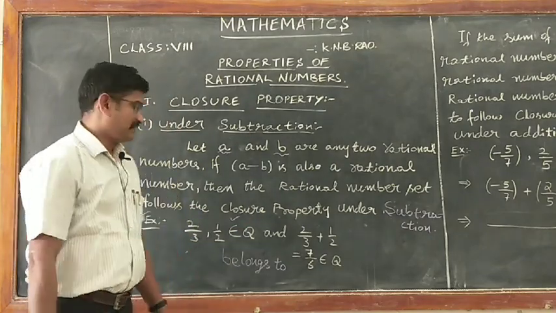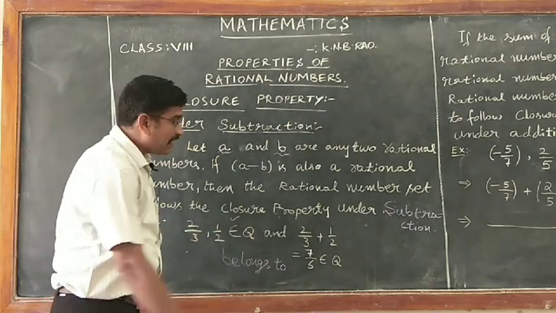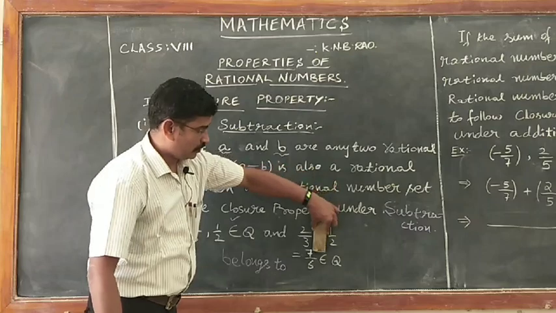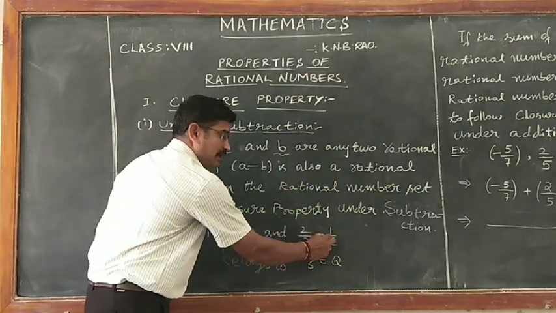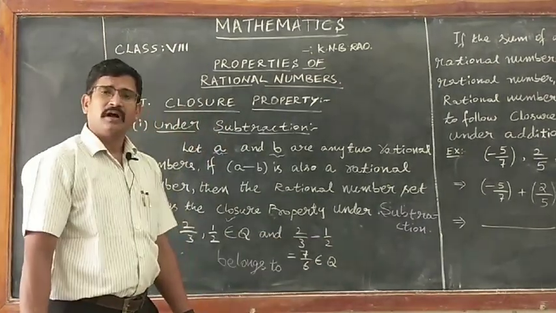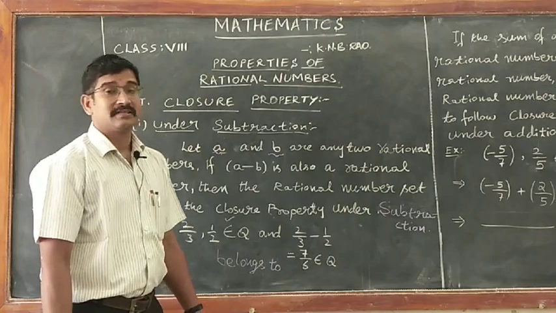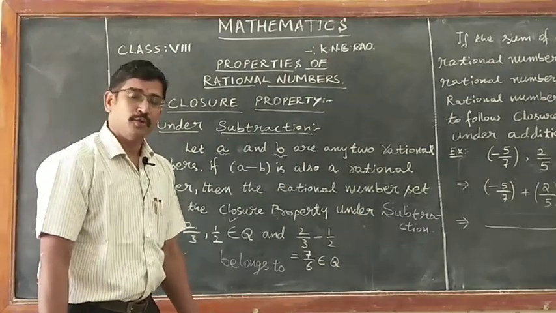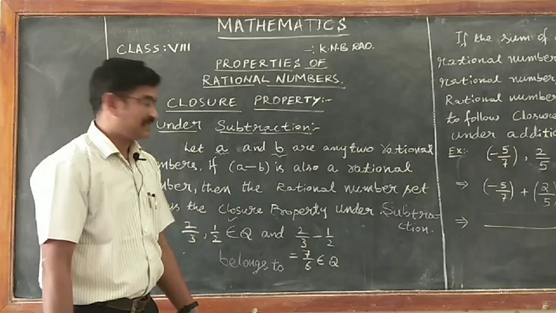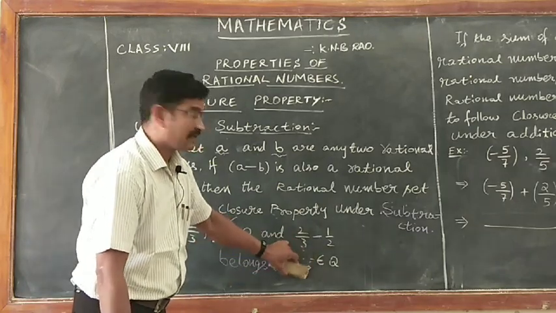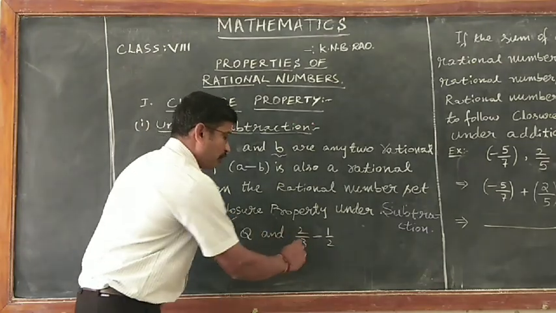So, 2 by 3 and 1 by 2 both are rational numbers. If I do the subtraction operation between them, the result after the subtraction operation is called the difference.